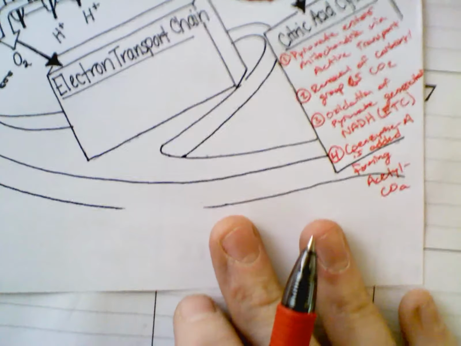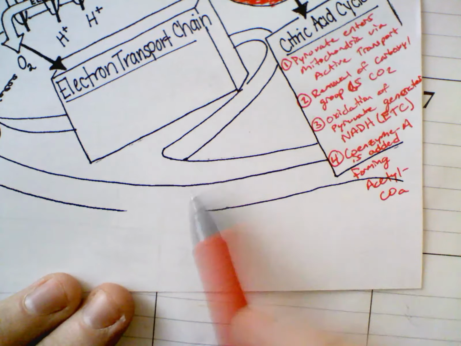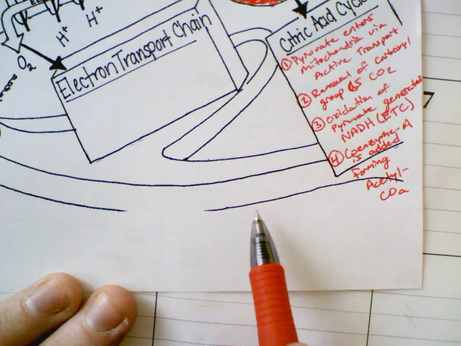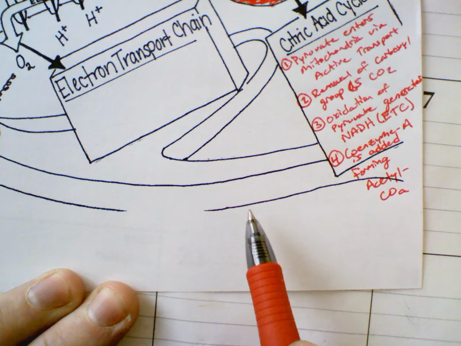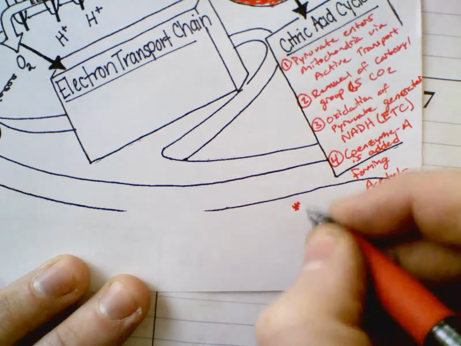Okay, so there's some more stuff that I want to add about the citric acid cycle, but we're out of room. So I'm going to come down here, and we're going to add some stuff. Let's do this. I'm going to add 2 major points.